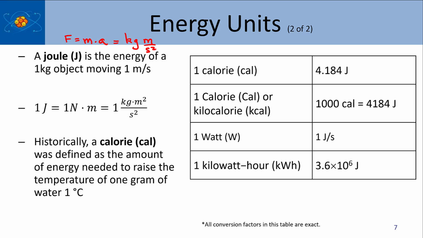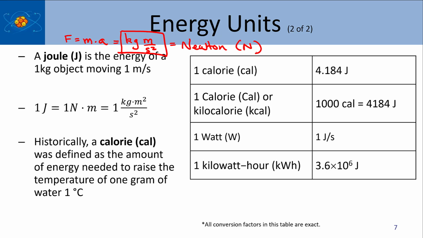It's how much faster an object goes every second, basically. It's the velocity change per second. But this is known as the unit of a Newton, like Isaac, and it's abbreviated N.